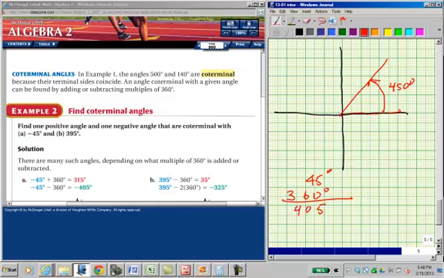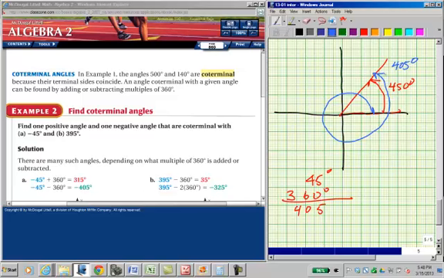Now, 405 is going to begin in the same place. It's not going to begin at the terminal side. It's going to begin at the initial side because all angles begin in the same place. So we're going to go around to 360 and another 45, and that's 405. So 45 and 405 have the same terminal side.